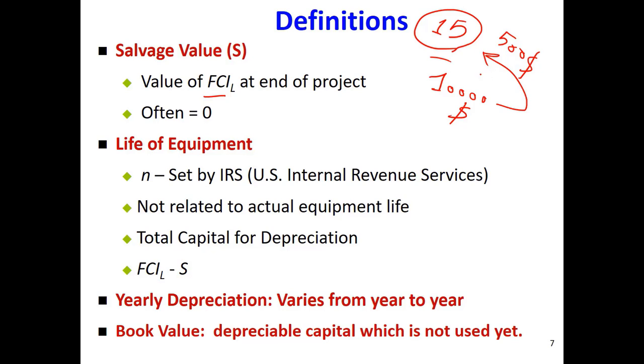If you ask someone to buy it from you, he might not be really interested to pay for that. So salvage value, which we show with S, is the value of the fixed capital investment. Fixed capital investment is the equipment that you need to buy. At the end of the project, we usually consider it zero.